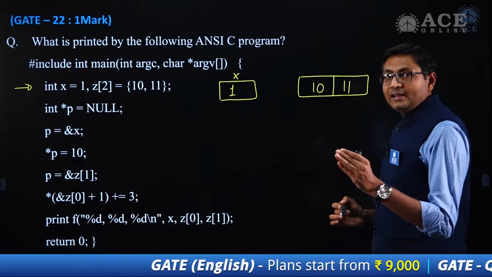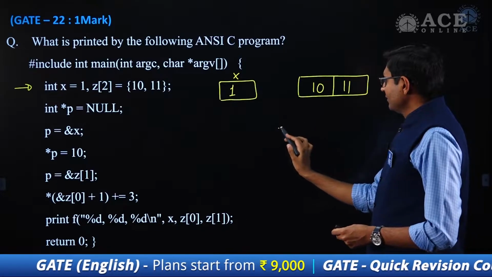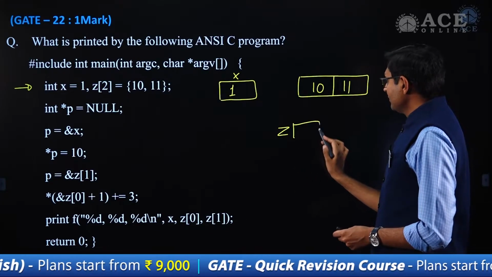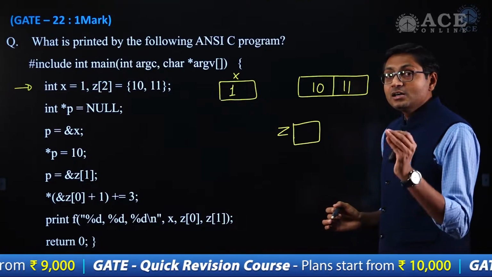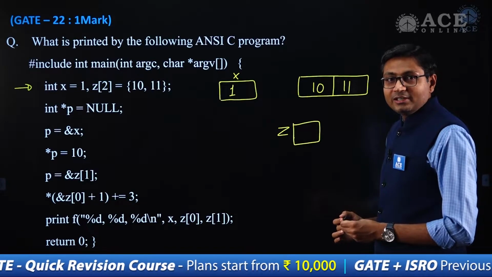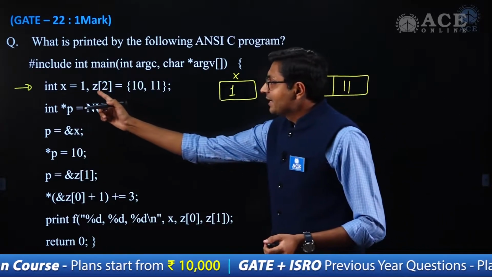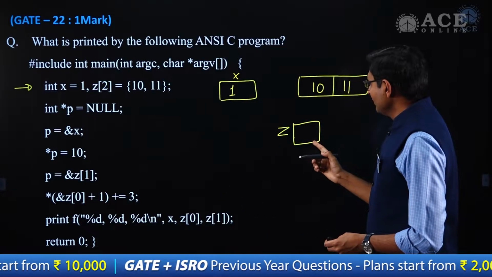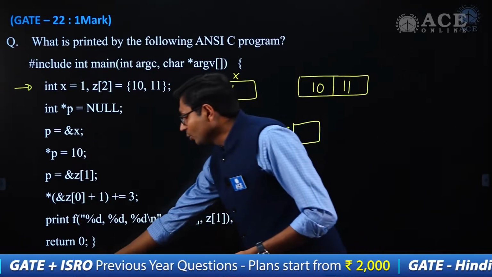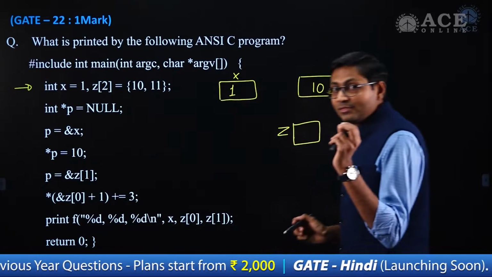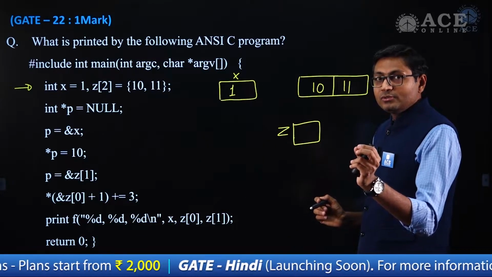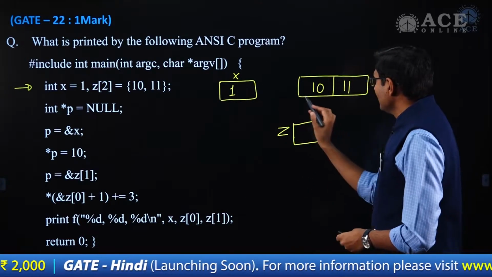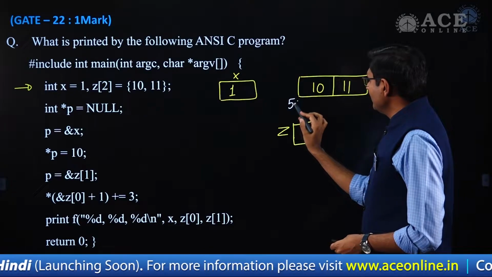Whenever we declare an array, the name of the array itself is a constant pointer. Don't forget that ever. So, z is the name of the pointer, and what does it hold? It holds the address of the first element of the array. Let us take it is 500.